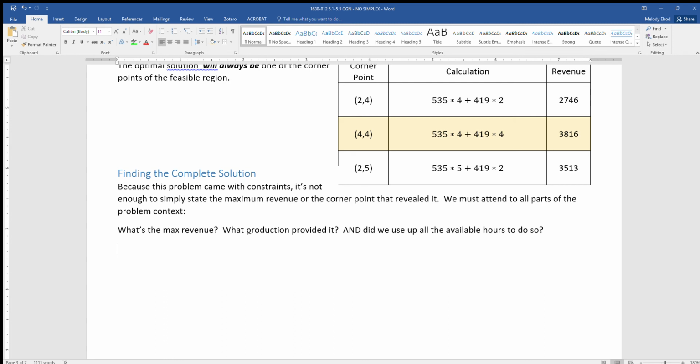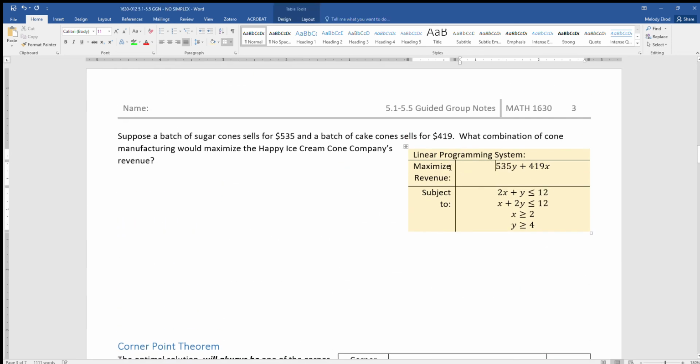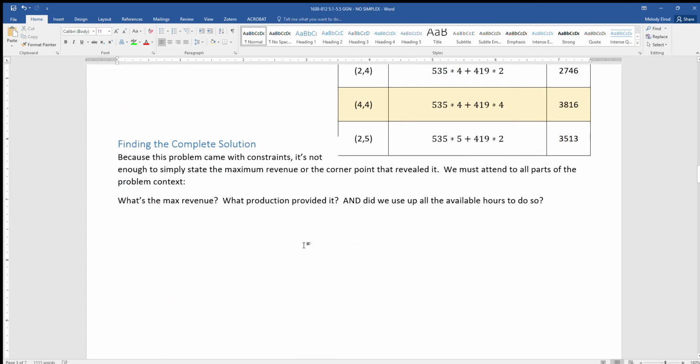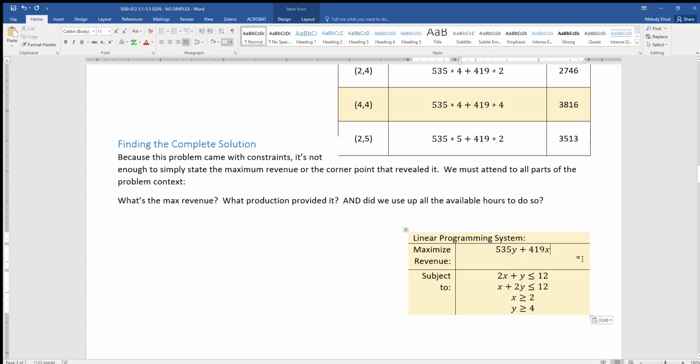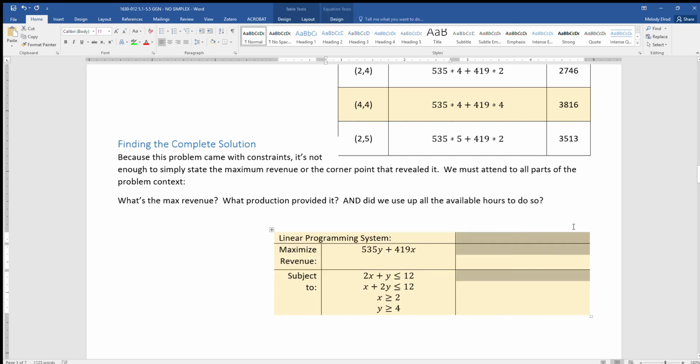All right. So what I find out is this. If I was to take this information right here, this maximized revenue thing, let's plant it down here and re-examine it. I'm going to add a column to the right over here. And I'm going to say, so what happened, right? What was the result for 4, 4?